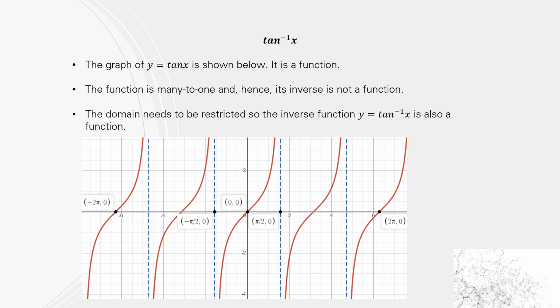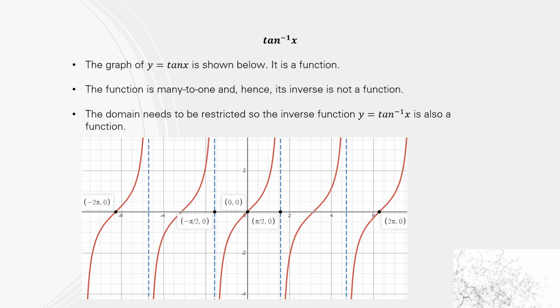And finally, the inverse tan function. We can see again the graph of y equals tan x. It is a function, but its inverse is definitely not a function. So we're going to need to restrict the domain. You can see our asymptotes are drawn in, and there's a fairly clear restriction.